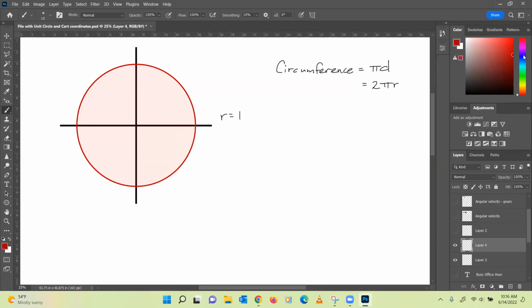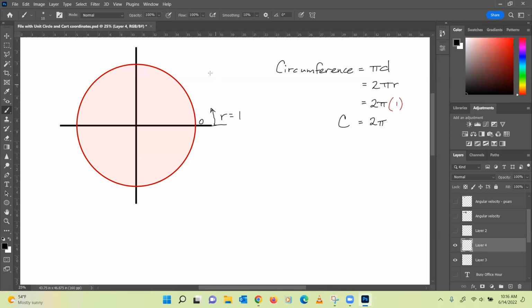And so if I replace r in this equation with 1, which is what we have for this particular circle, we've got 2 times pi times 1, and now we know that the circumference of this circle is 2 pi. So the distance around this circle is 2 pi. That means if we start, as we did last week, on the positive x-axis and rotate around counterclockwise, then we would start at 0.